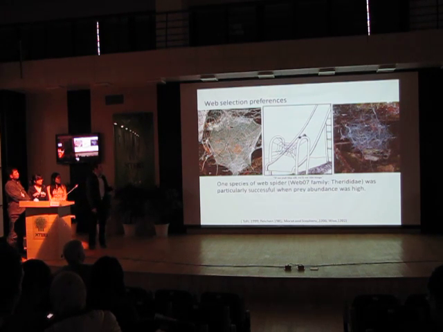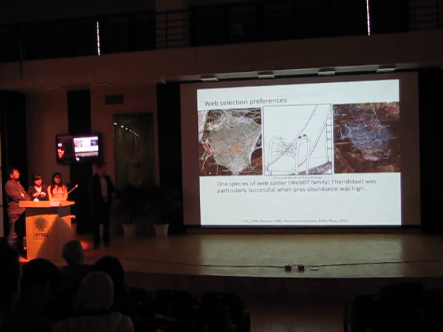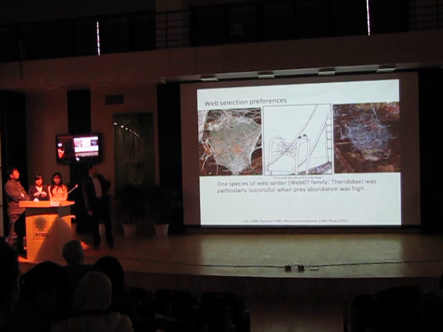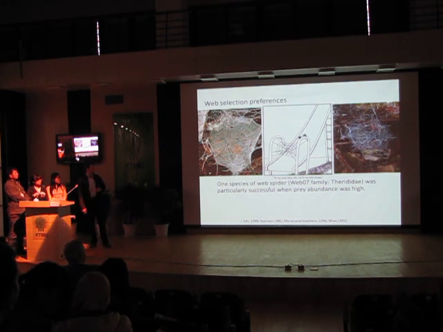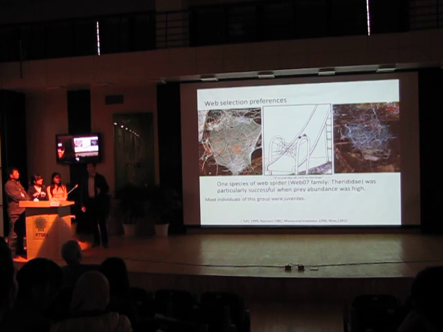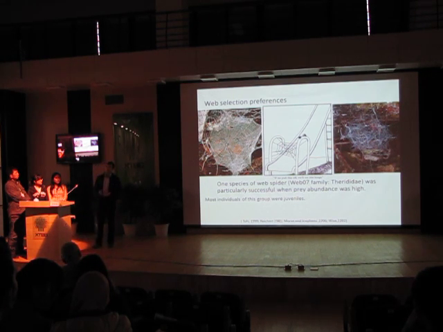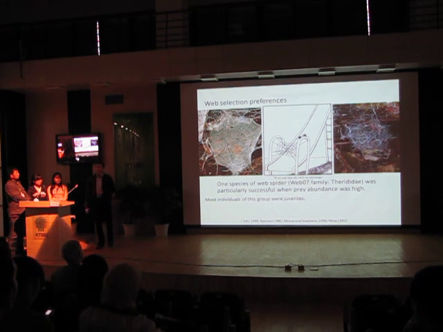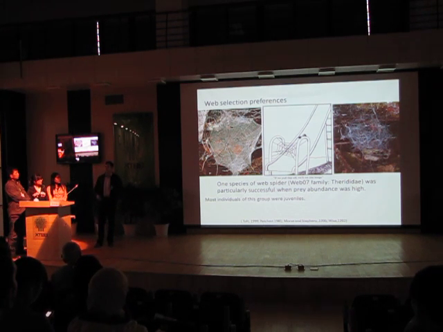And one species of our web spiders was really successful in taking advantage of high densities of prey, and that was our web spider 7, and I believe it's Theridiidae. I'm not sure how to say that, but we're interested to see what's going on here. We do know that most of them were juveniles, so perhaps they haven't dispersed, but we did find different sizes of the juveniles, so maybe some of them are growing faster, some of them are not.